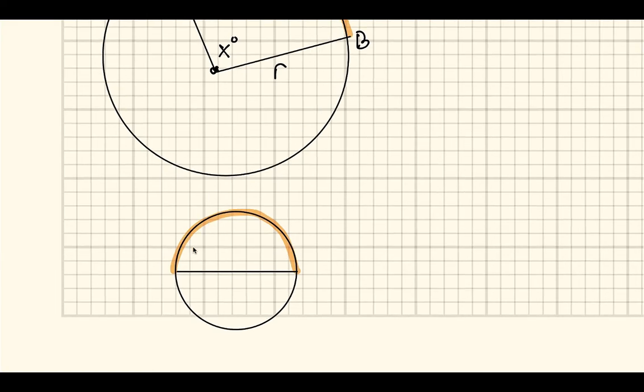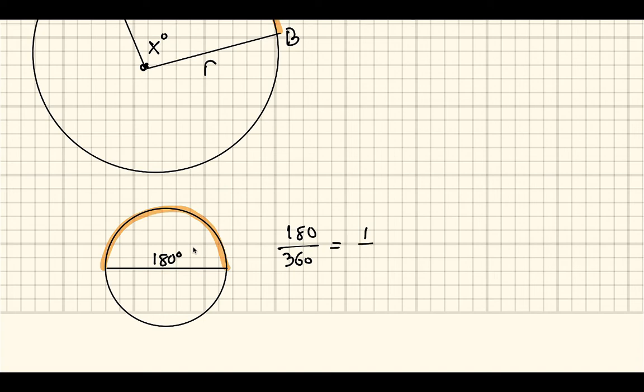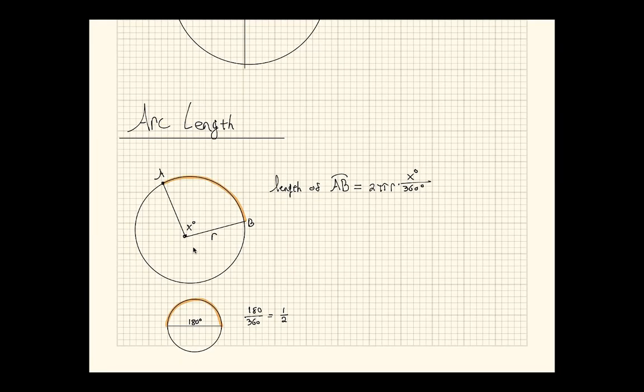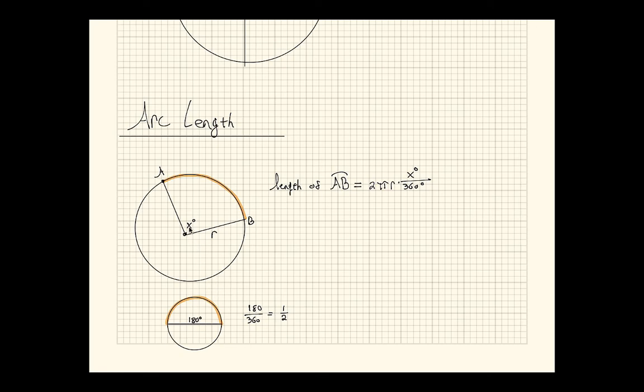So as an angle, that's 180 degrees, right? Okay, what's 180 over 360? Well, that's 1/2, right? So that's what this is doing for us. Take this angle divided by 360, and that's going to tell you how much of the circumference you have.